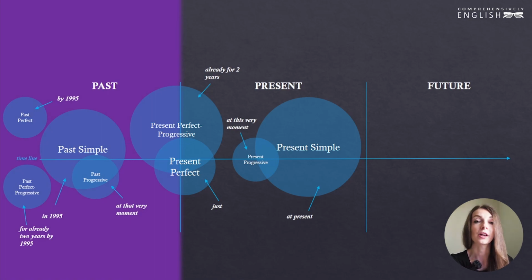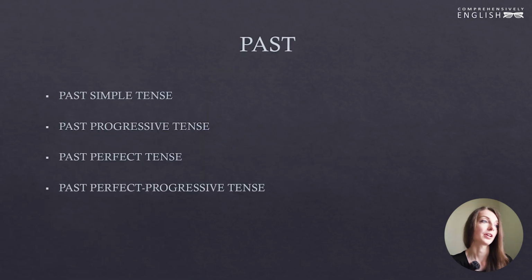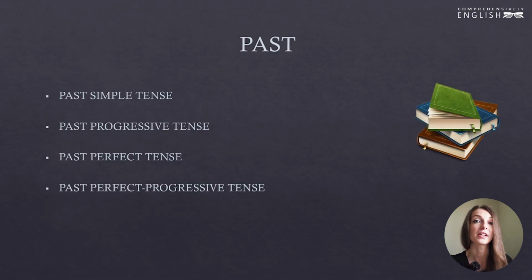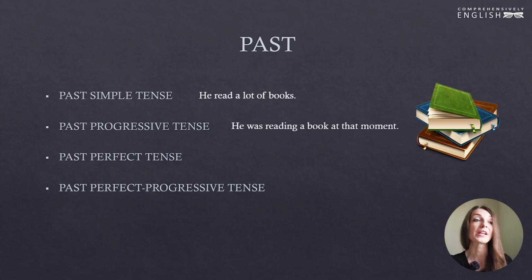You remember that we have four aspects in the language, and that's why we have four tenses in each of these sections on the timeline. Here they are. If we speak about the past simple tense, we might say something like, he read a lot of books. In the past progressive tense, that will be, he was reading a book at that moment, at a particular moment in the past.